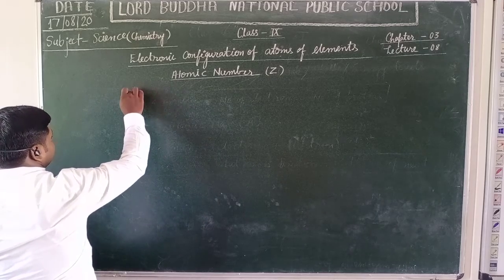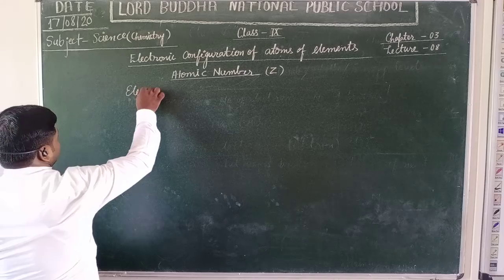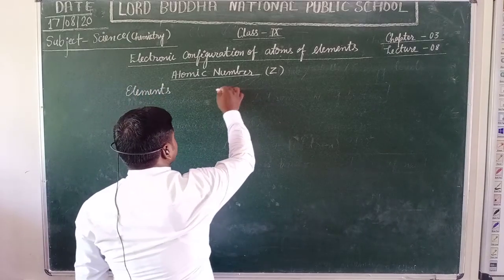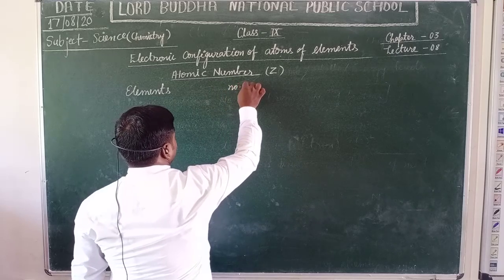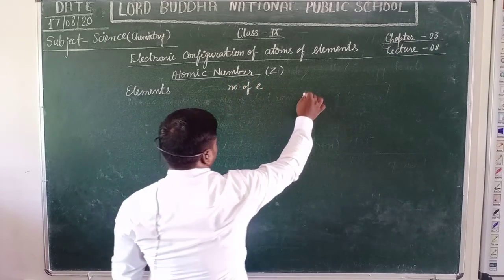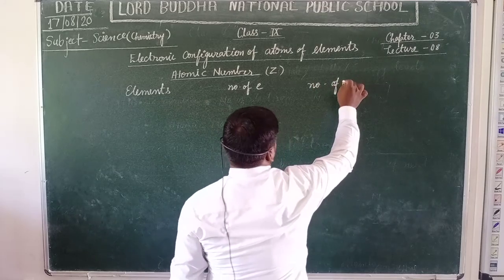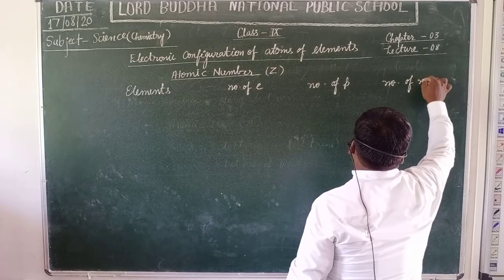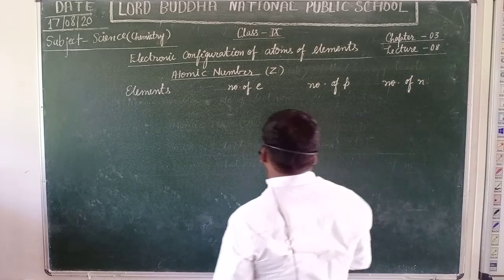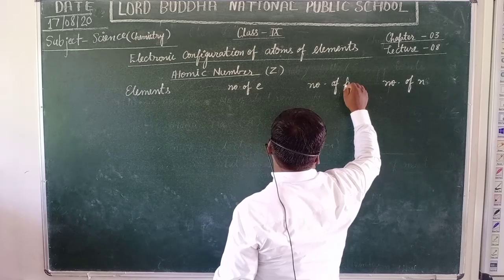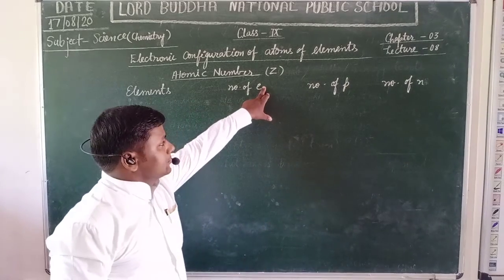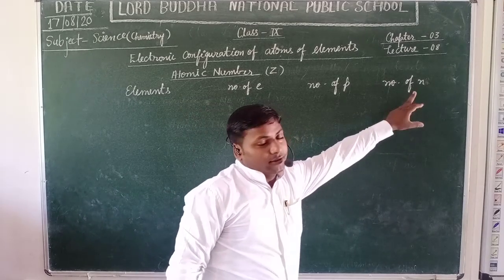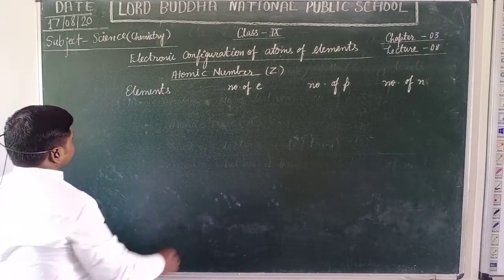Now here I take an example of some elements: number of electrons, number of protons and number of neutrons with their symbols. The electron is represented by a small letter e, proton by small letter p and neutron by small letter n.